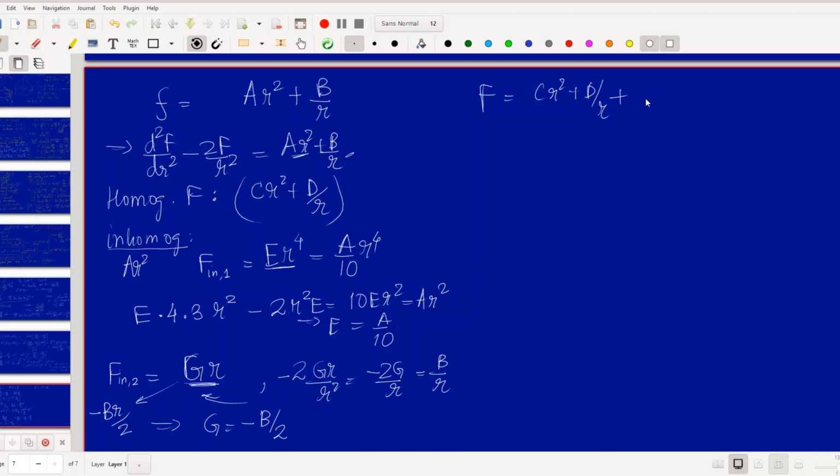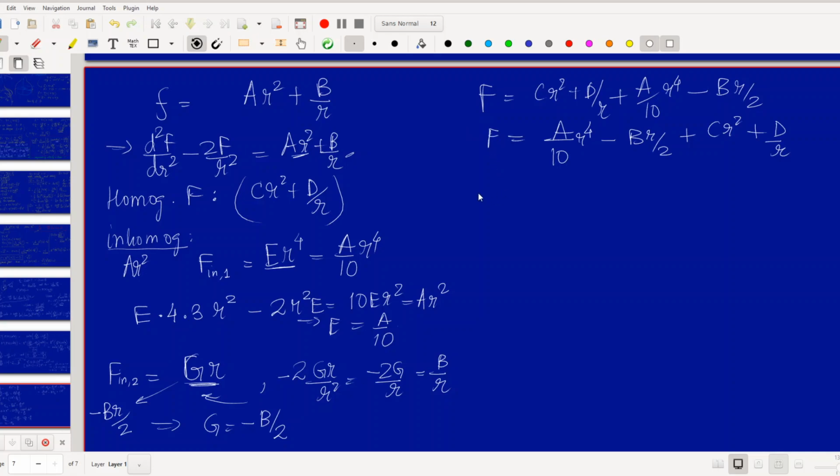Thus the solution for capital F is c r square plus d by r plus a upon 10 times r to the power 4 minus b r upon 2. So this is capital F: a upon 10 r to the power 4 minus b r by 2 plus c r square plus d upon r.